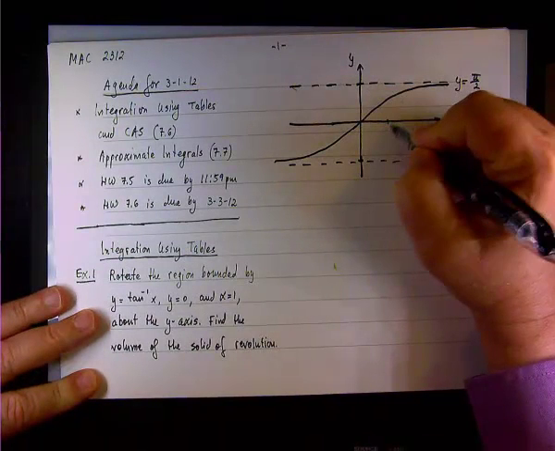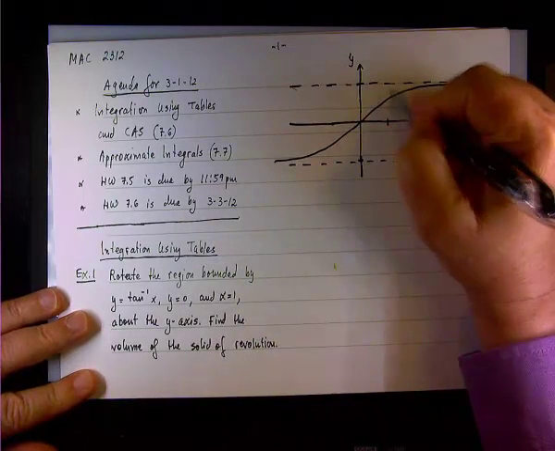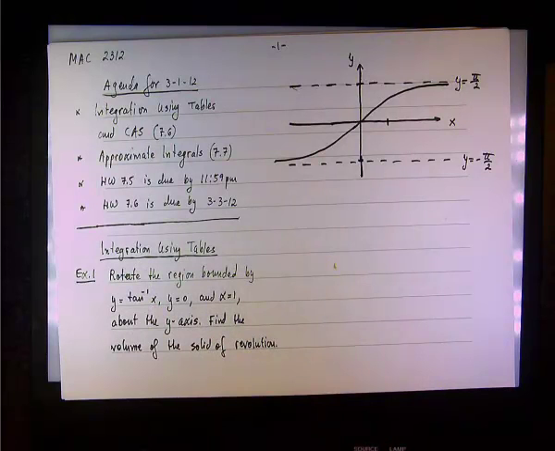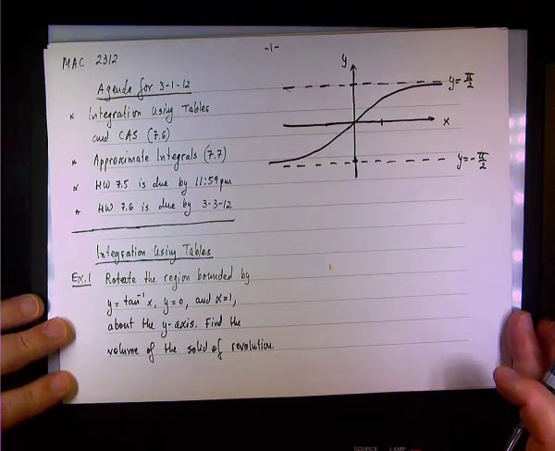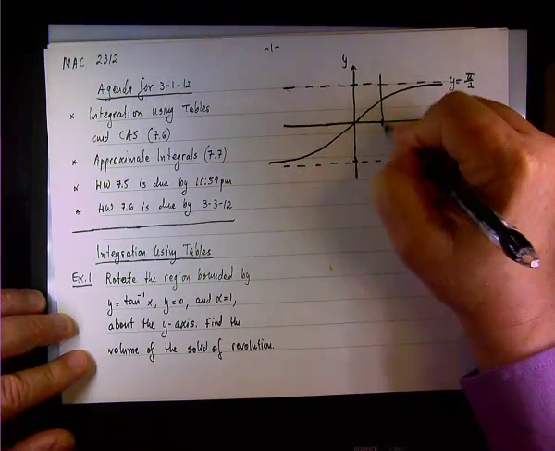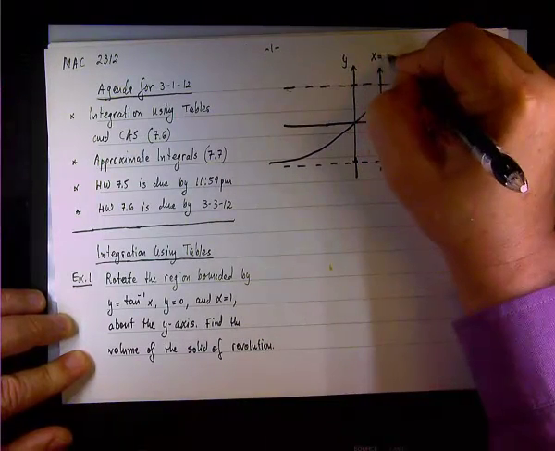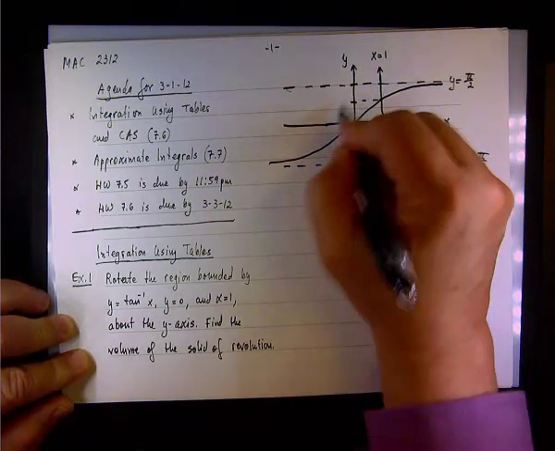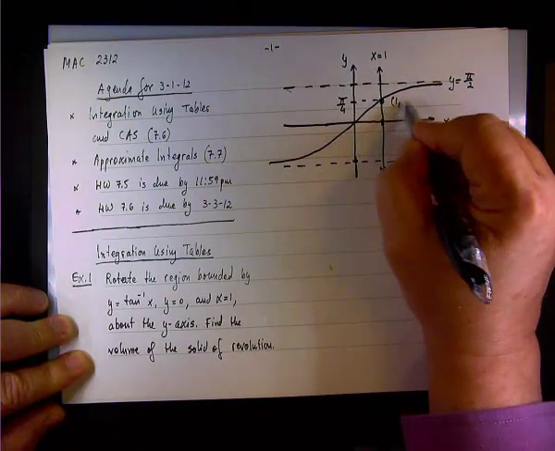Okay. Now, what happens when x equals 1? That's the other line that is part of the constraint. When x equals 1, then you have the inverse tangent of 1. Well, the input for the tangent that creates a tangent that equals 1 is pi over 4. So the intersection between the line x equals 1 and the inverse tangent happens at y equals pi over 4, like so.